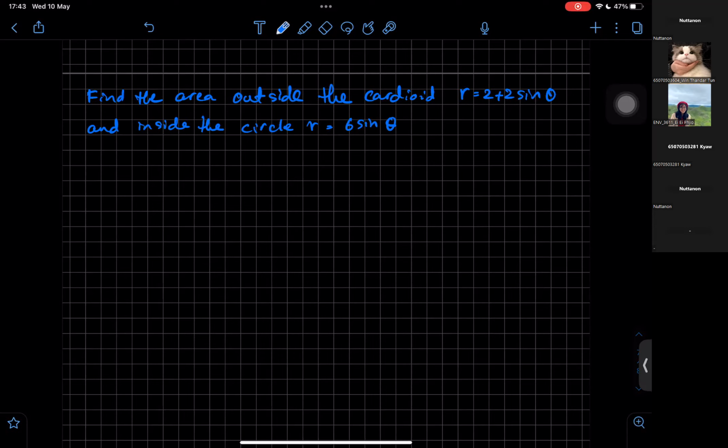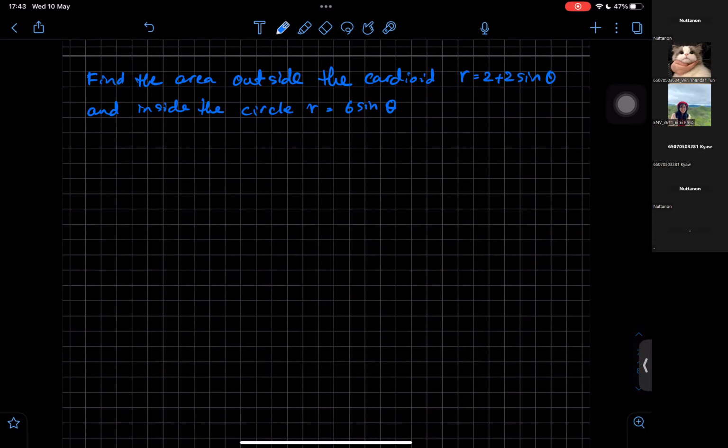Like this one, it's going to be a little bit harder, right? First thing you need to do is draw the graph.